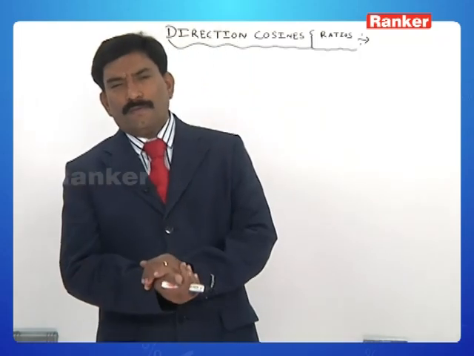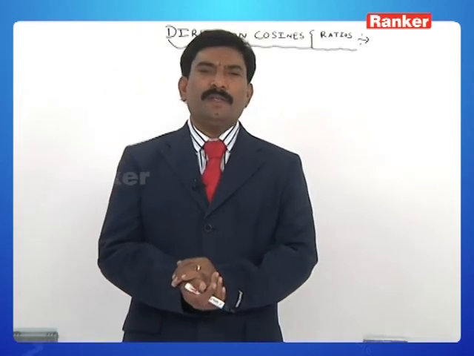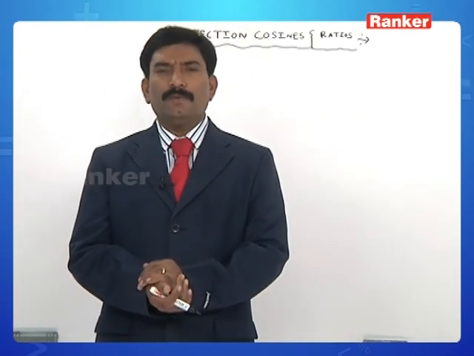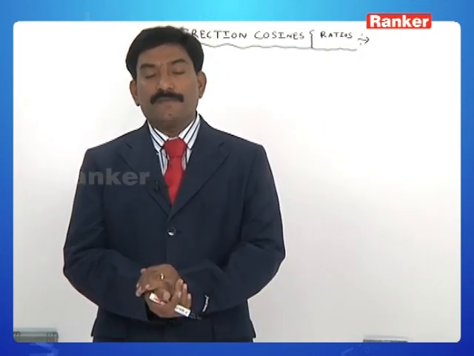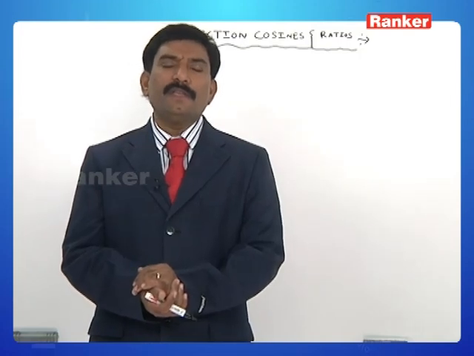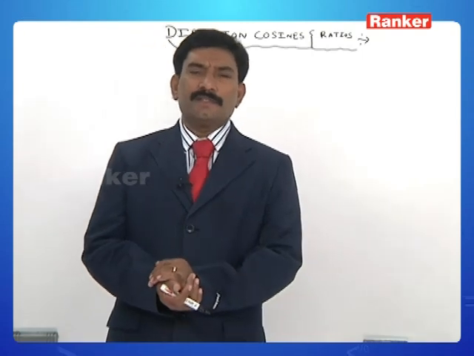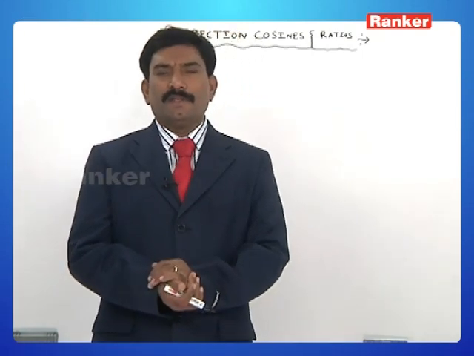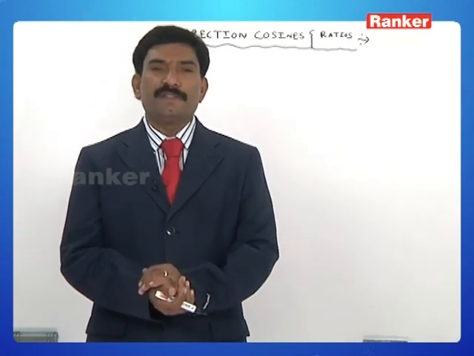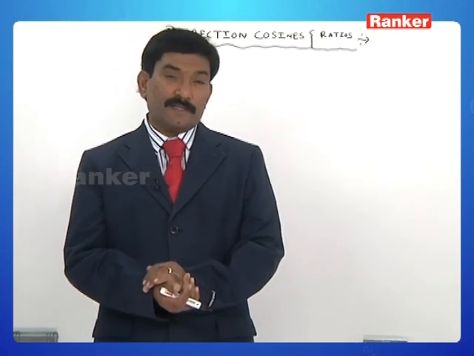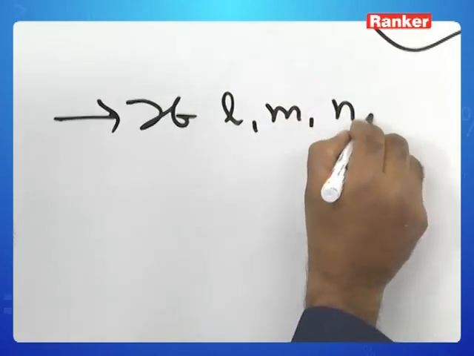Now, one conceptual application: if l1, m1, n1, l2, m2, n2, l3, m3, n3 are the DCs of three lines which are equally inclined to each other, then the DCs of a line which makes an angle theta with each of the three lines are l1 plus l2 plus l3, m1 plus m2 plus m3, n1 plus n2 plus n3.